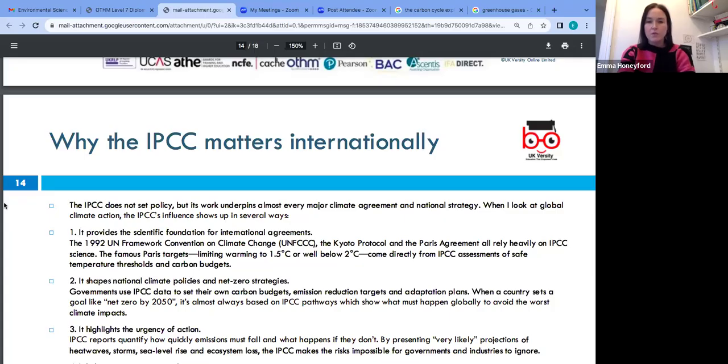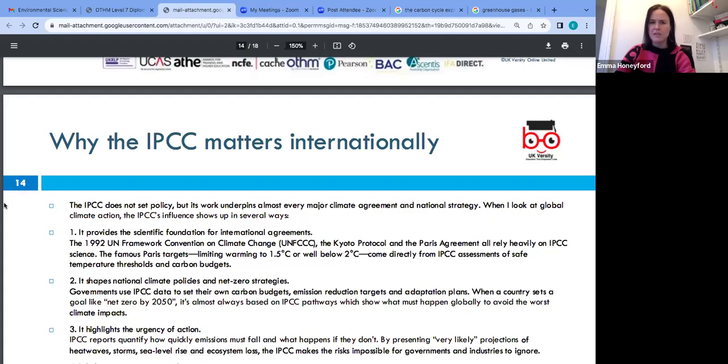If we look at the background for international agreements, we've got the 1992 UN Framework Convention on Climate Change, the Kyoto Protocol and the Paris Agreement, which all heavily rely on the IPCC science. You've got the famous Paris target, which aims to limit warming to 1.5 degrees or well below 2 degrees, which we have unfortunately passed.